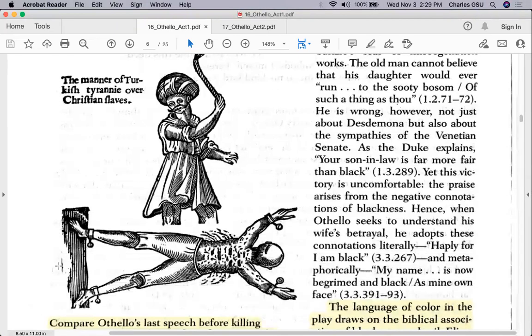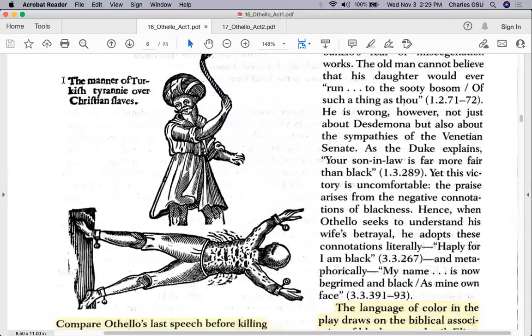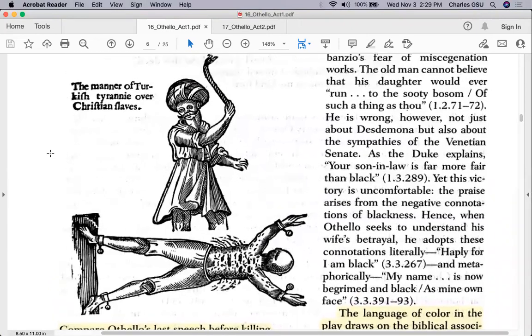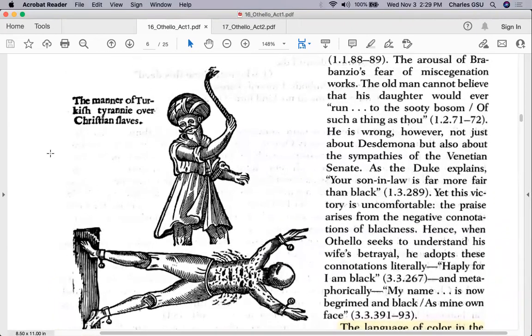Another image here is, as it says, the manner of Turkish tyranny over the Christian slaves. So one of the anxieties, I call it cultural anxiety, is that people who are of Islamic faith were therefore called Turks in a kind of disparaging manner.